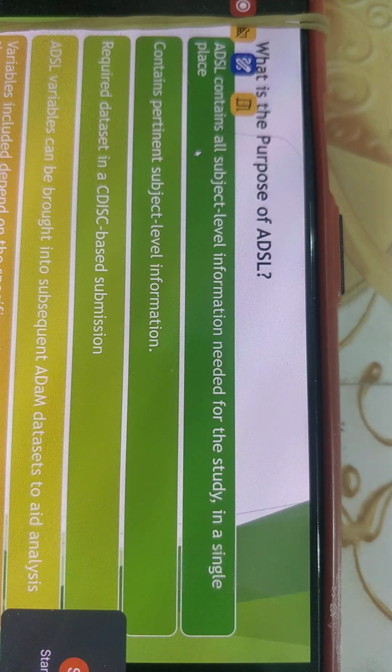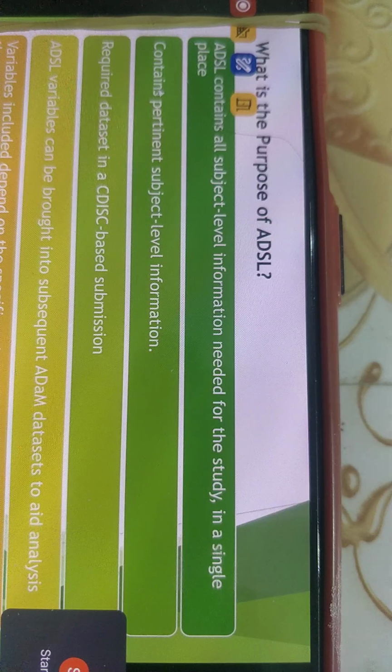There might be treatment information, flagging information, and disposition related information. These are subject level information, right? When a particular subject was disposed, that related information; whether the subject is in the safety flag, yes or no. That is subject specific information. So basically ADSL contains all the subject level information in one place.